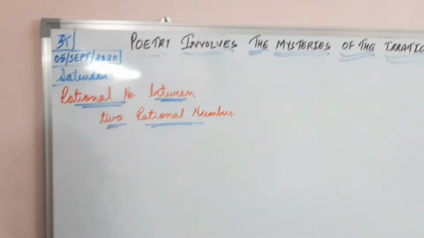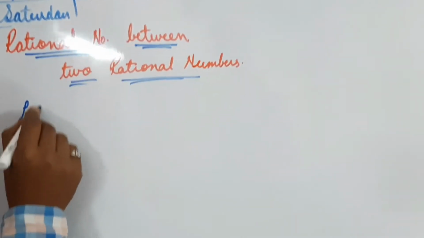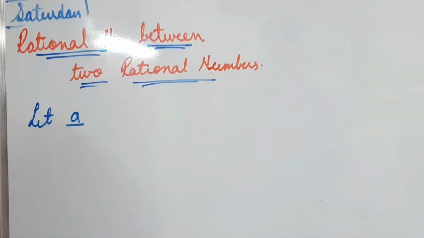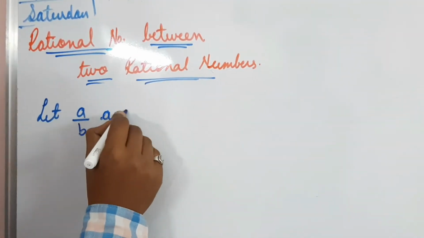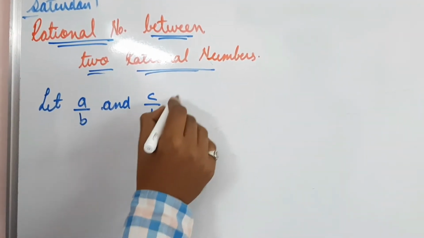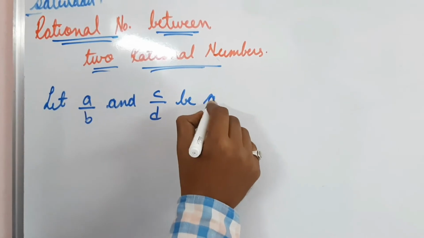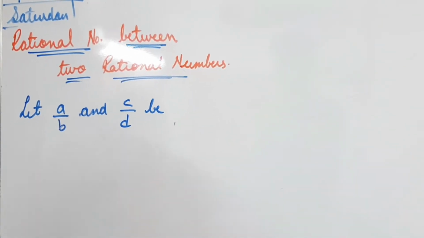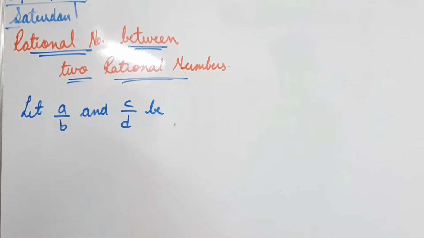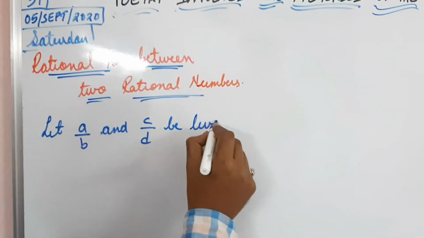Suppose you got two rational numbers, let A by B and C by D be two rational numbers.